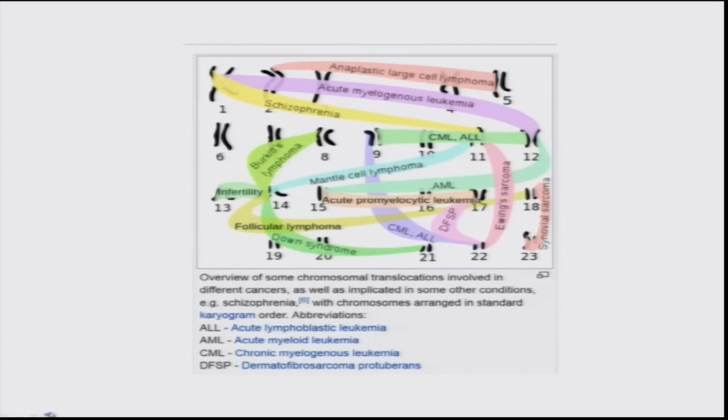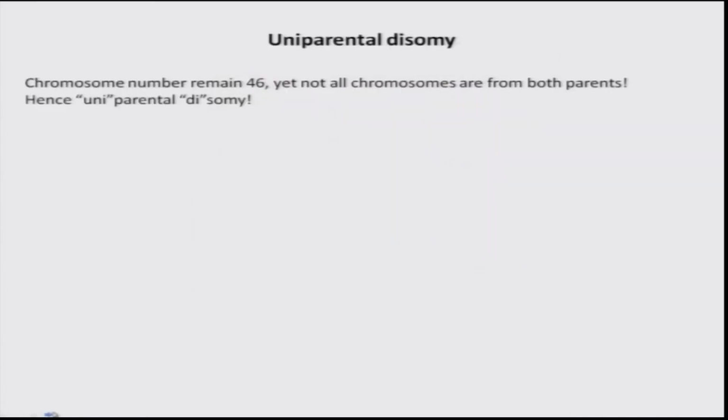This particular slide gives an example as to how in different conditions of cancer you have translocations involving various chromosomes, right. So, that gives an example as to how different structural abnormalities either cause or are associated with several conditions.